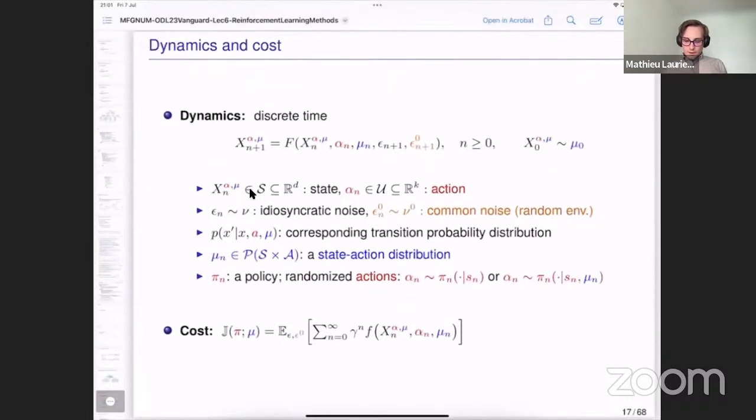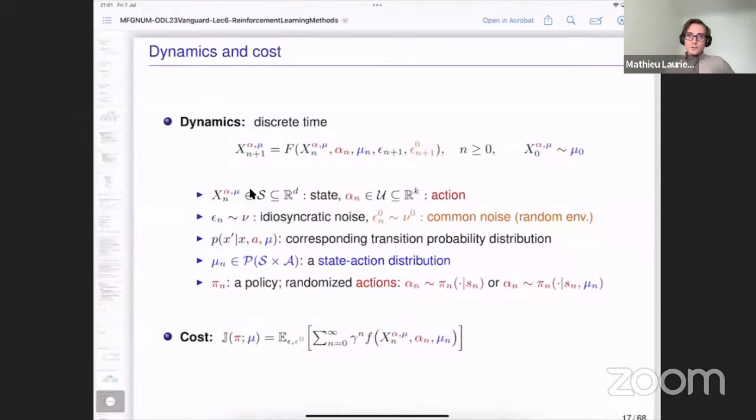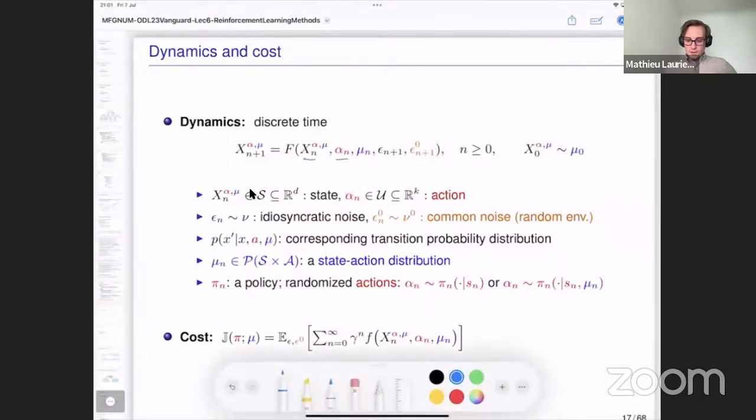So here I will take the following setting. I assume that the state evolves according to a function f, which is a function of the current state, the action taken by the agent, the mean field term, some idiosyncratic noise just for the representative agent, and some common noise. The common noise is the same for everyone.